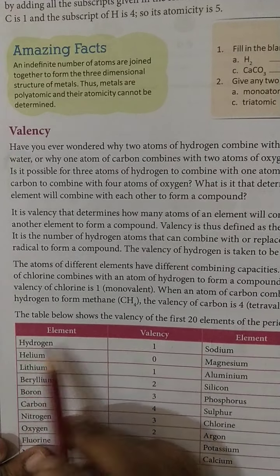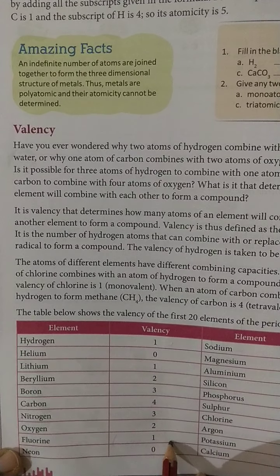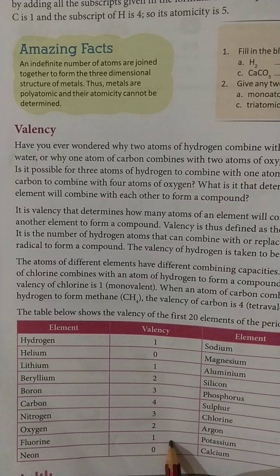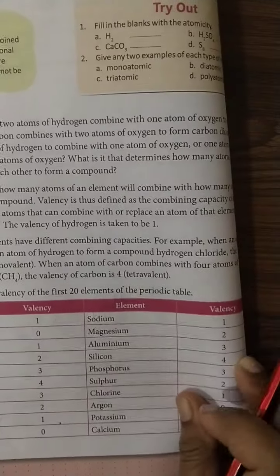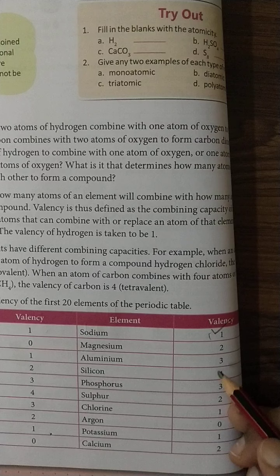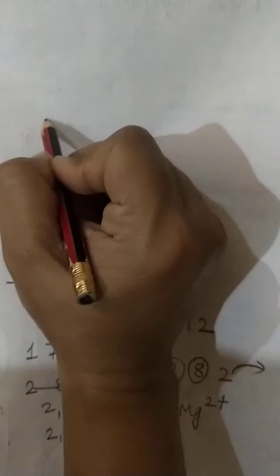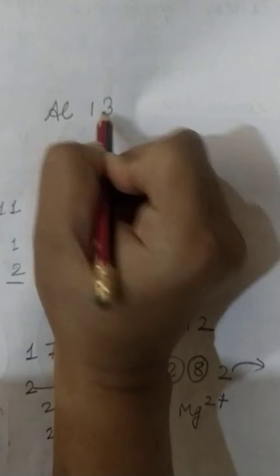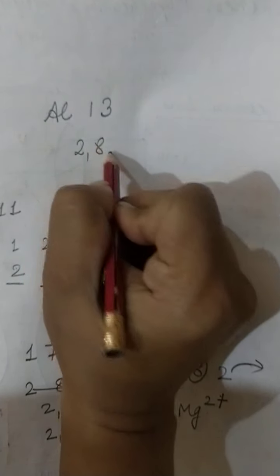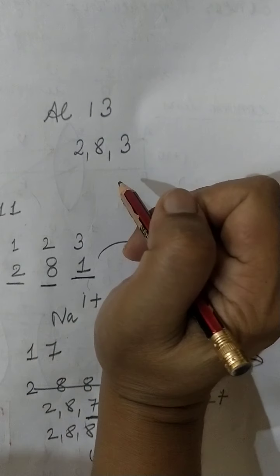So here valencies are given, no need to learn, you just have to learn the atomic number. Sodium I told you valency is 1, magnesium is 2. Aluminium, we'll do aluminium example. Aluminium's atomic number is 13, so 2, 8, 3.